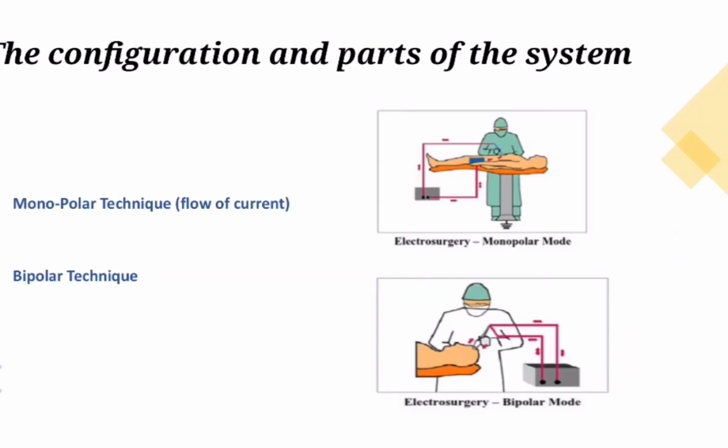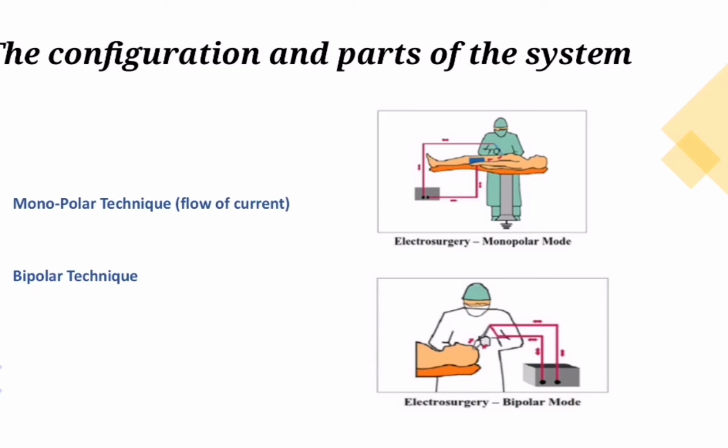So in this slide, I will be talking about the device, the parts of this device. This device is divided into two types. One type is the monopolar technique, and the other type is the bipolar technique. And we will talk about the insulation of each of them.